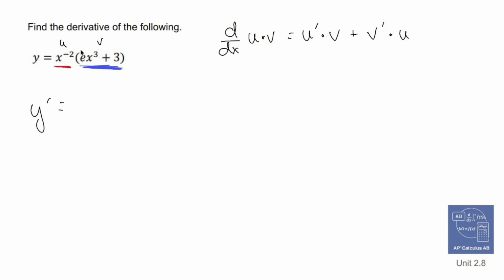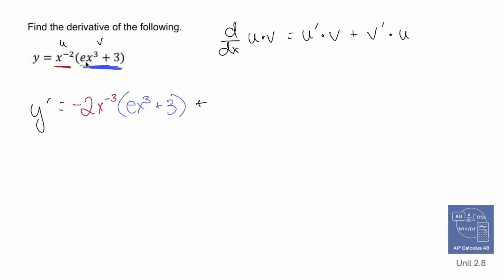So I take the derivative of x to the negative 2, which is just power rule. You drop down the negative 2, subtract 1 from negative 2, and you have that. Okay. Now you keep the second function as is. So x cubed plus 3.